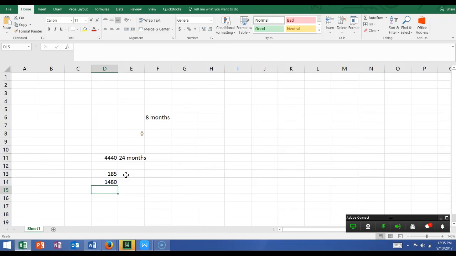We've gone through 8 months of insurance. $185 times 8 months of insurance means that we have gone through $1,480 of insurance. Does that make sense? I hope that helps. Okay, let me go back here.